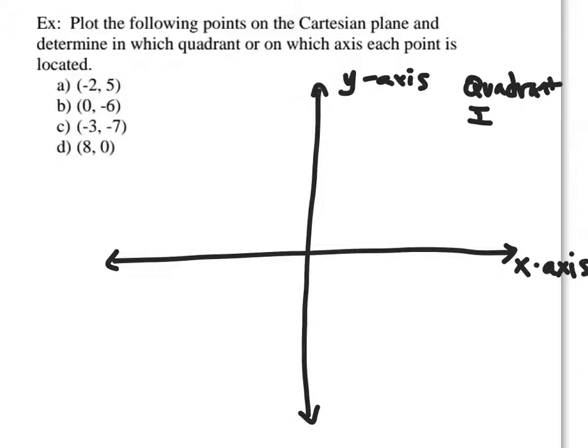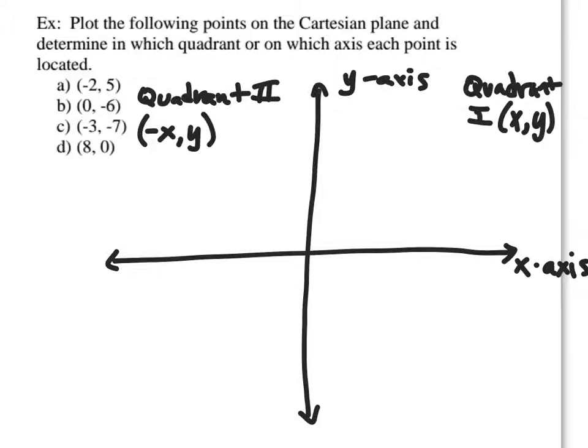Now, what I know in this quadrant is that my x value is positive and my y value is positive, okay? And that's what I've got. Now, over in, say, quadrant 2, what I know is that my x value is negative and my y value is positive, okay?